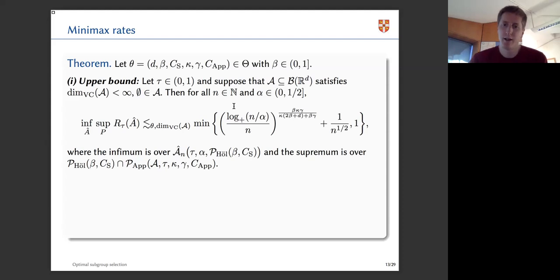But in principle, one can have this going to 0 as n goes to infinity, and that's telling me that it is possible to output data-dependent selection sets that do well in terms of controlling the regret over families that satisfy the type 1 error control guarantee that we want.